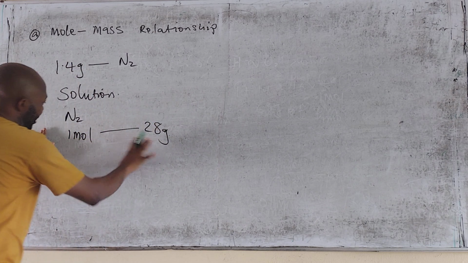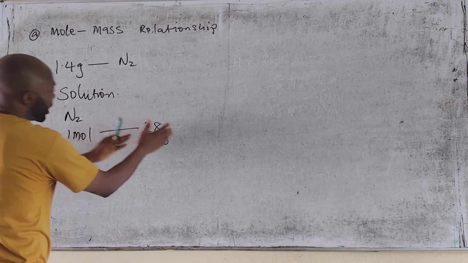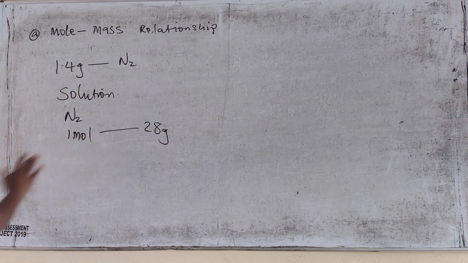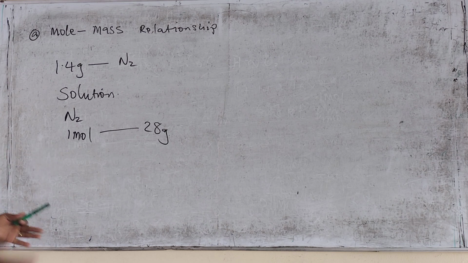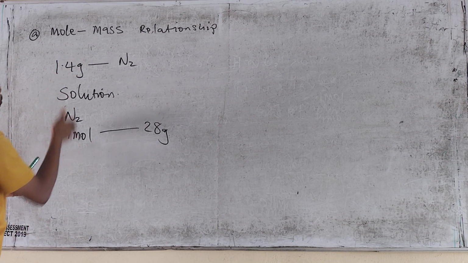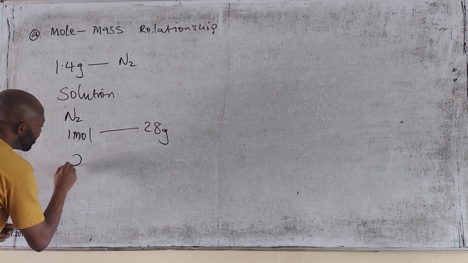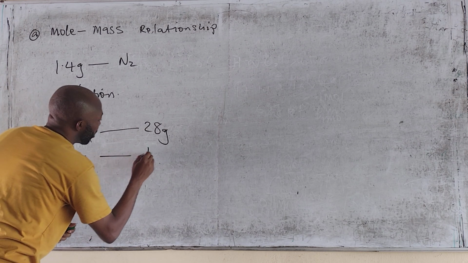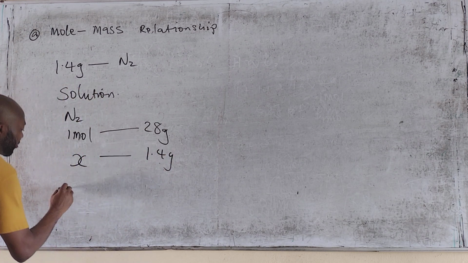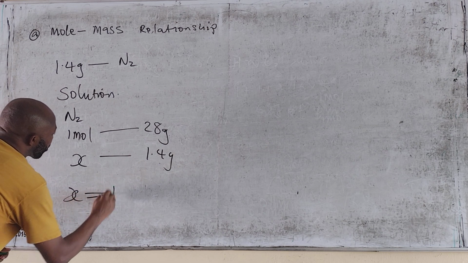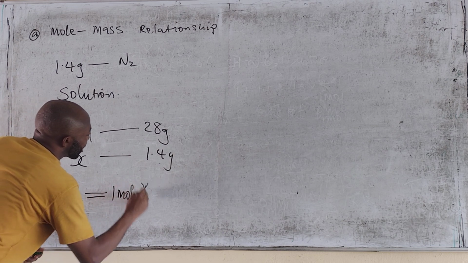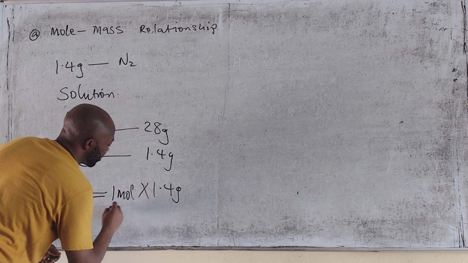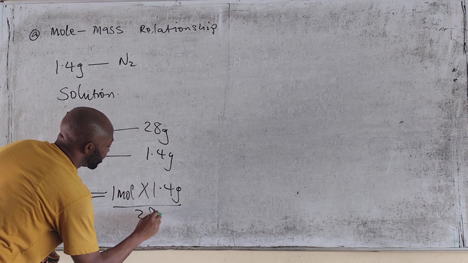So this is a standard. 1 mole of this gives me 28 grams of this. So the next thing now is, how many moles will give me 1.4 grams? So X is equal to 1 mole times 1.4 gram over 28 grams.